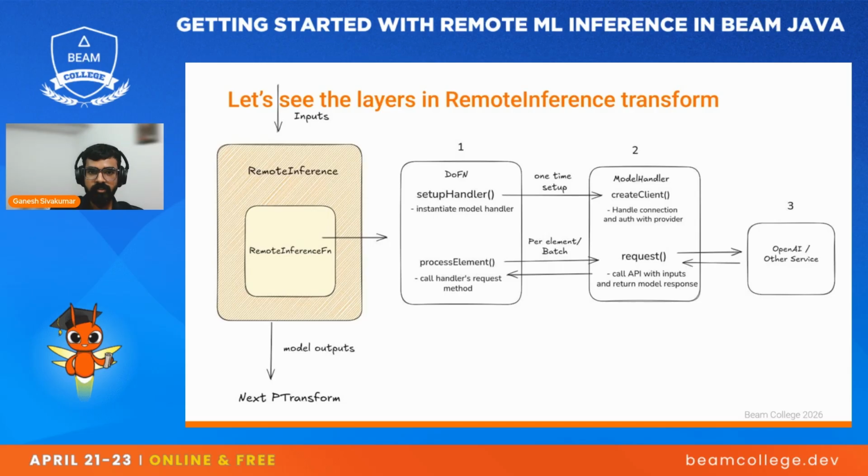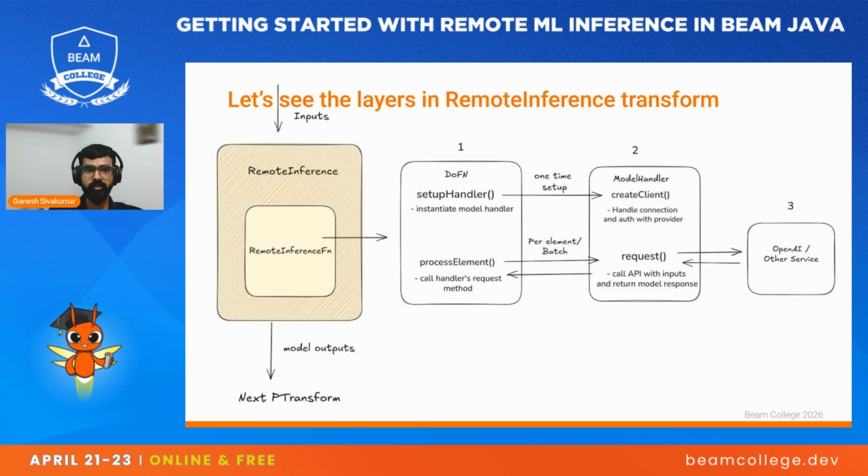This is also the place where the DoFn will decide which model handler to use. For example, in previous slides, we passed the OpenAI model handler class. That's where we explicitly tell the transform that we want to use the OpenAI model handler. If you pass a different handler, like Gemini or Anthropic, the DoFn will initialize the model-specific handler. And the first step is done. This is a one-time thing. The second is the process element function.